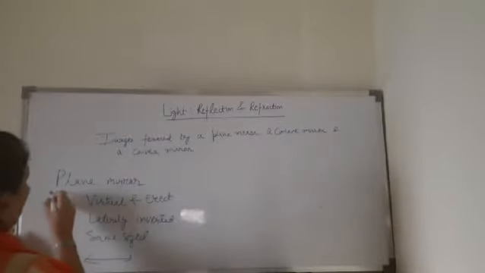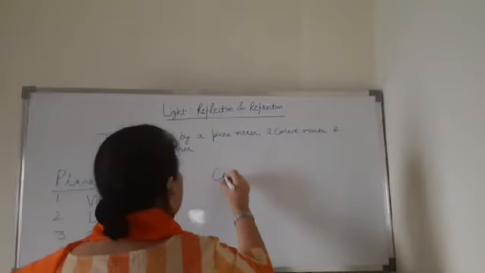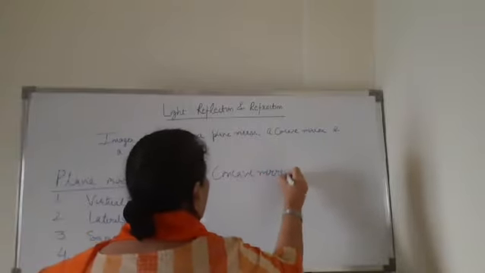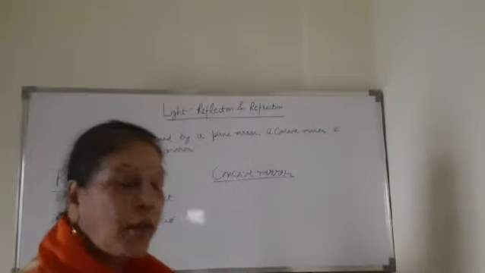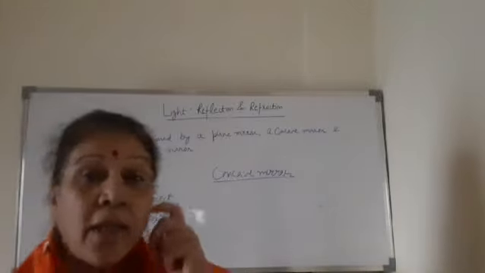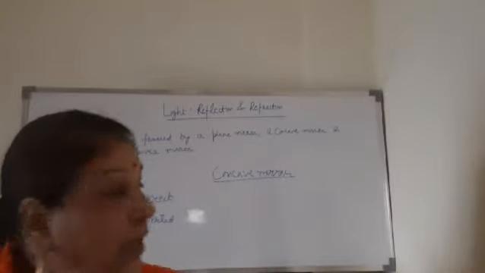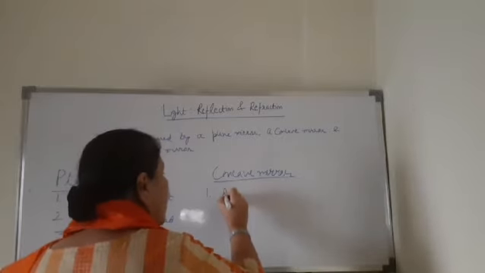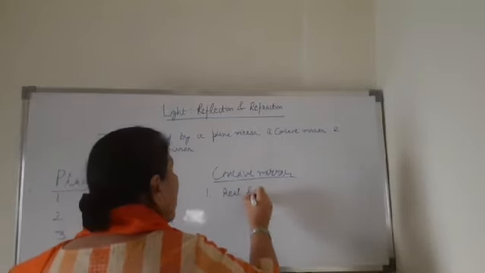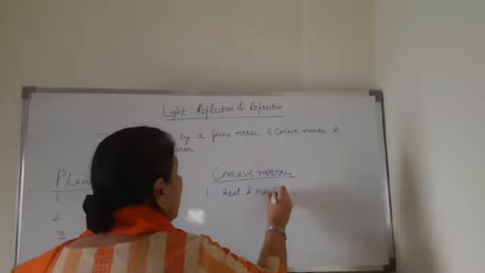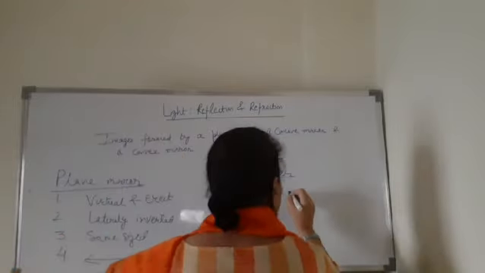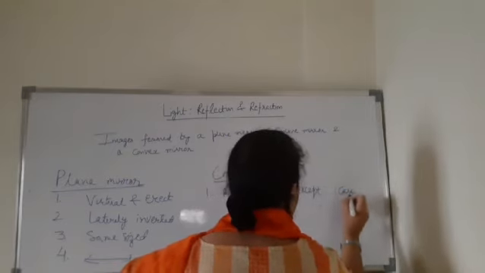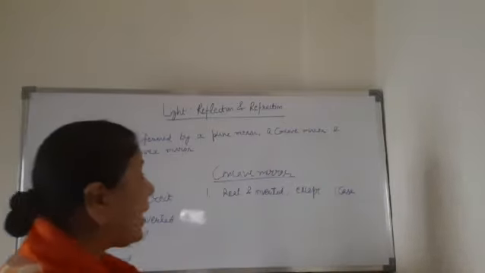Now what about the concave mirror? What happens in a concave mirror, or the images formed by concave mirror? The images which are formed by concave mirror, one is real, and when it is real it is inverted, except one case. We'll be talking about this case when we talk about the image formation by a concave mirror.